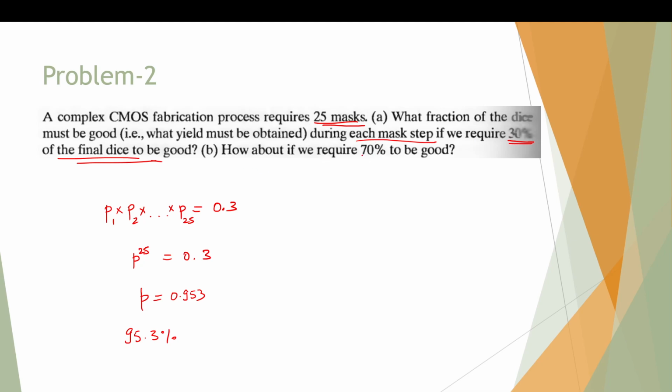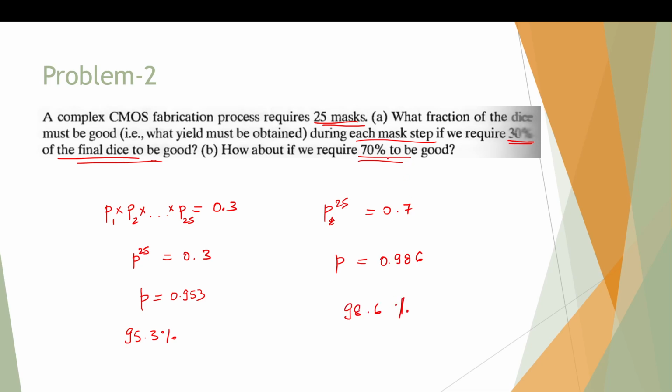So similarly, can you do it for even 70%? Same thing, we just go on and say p power 25 equal to 0.7, and we find out p. If you do it, it will come out to be somewhere around 0.986. So that means 98%. So you see, right?